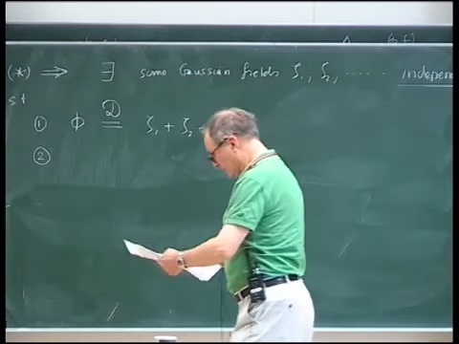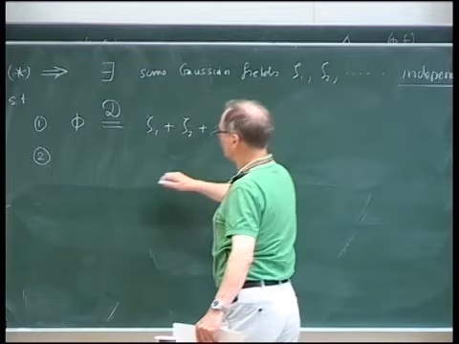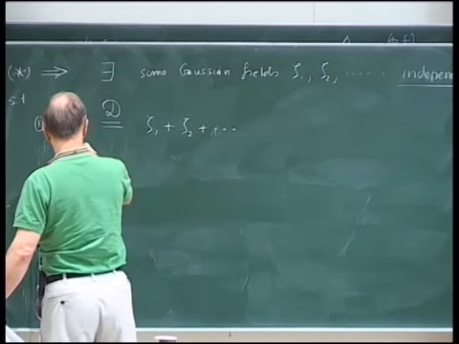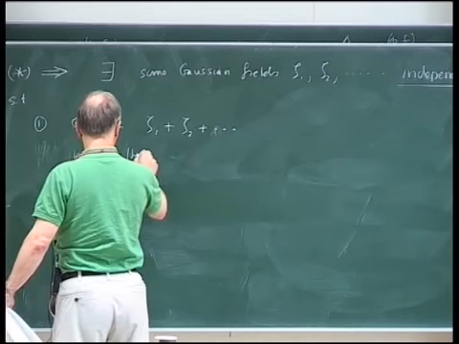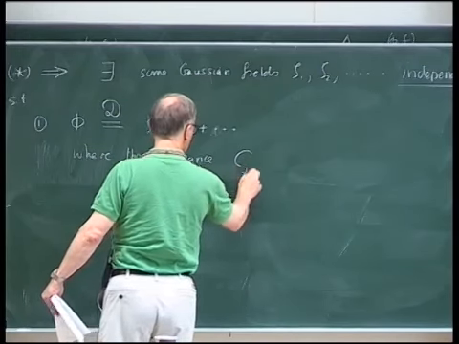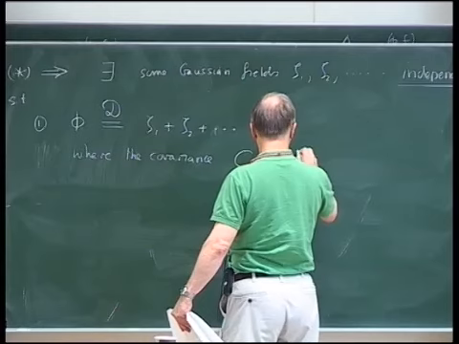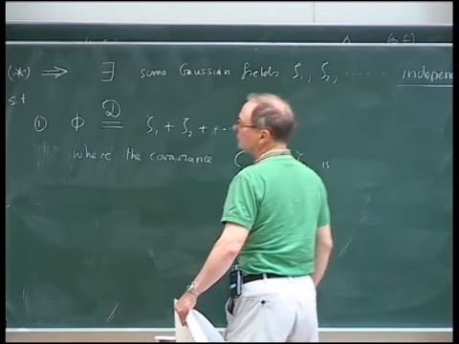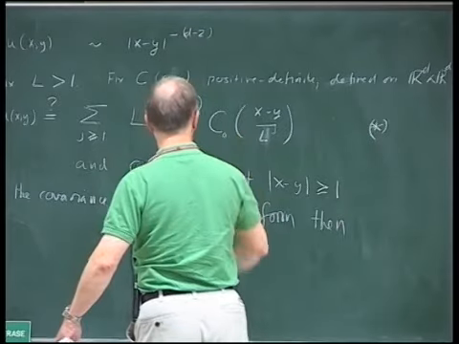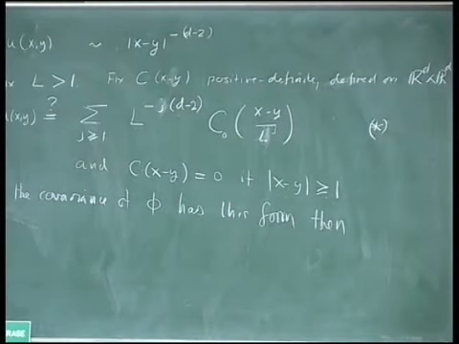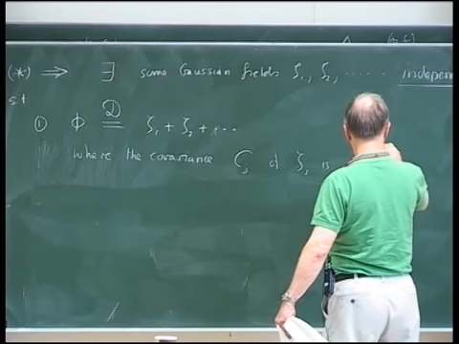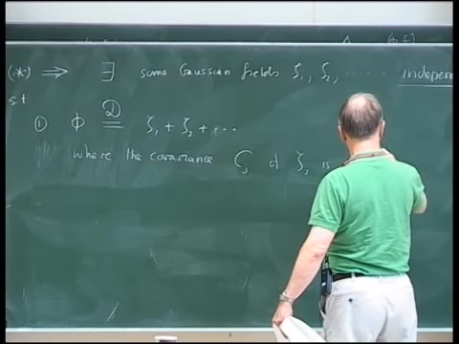The second, in fact, I'll tell you what the covariance of this is. The covariance C sub j of zeta j is the jth term in this sum. This is like C naught, L to the minus 2j phi.